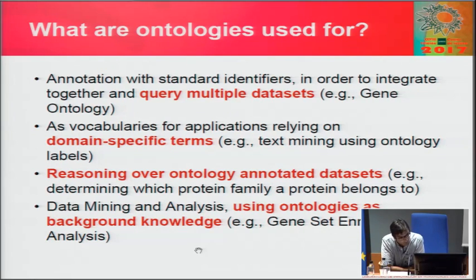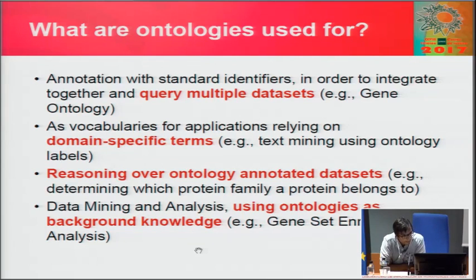This was a way of enabling the querying of multiple data sets that came from different institutions and different projects. For example, probably one of the most important such ontologies used for annotation is called the Gene Ontology, which is a really well-known ontology within the field of ontology design because of its use and its popularity.